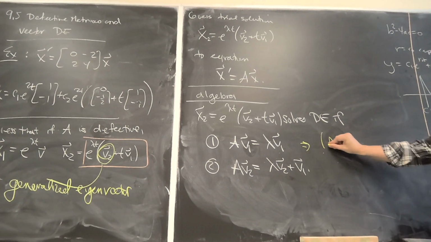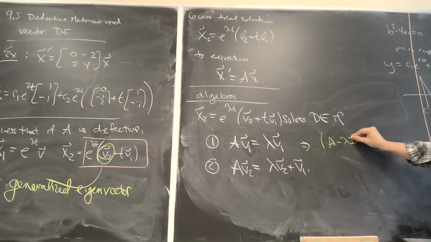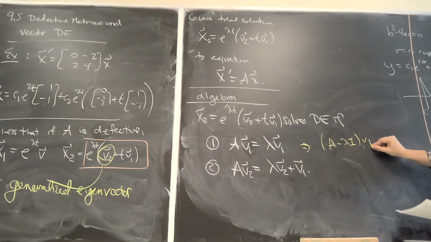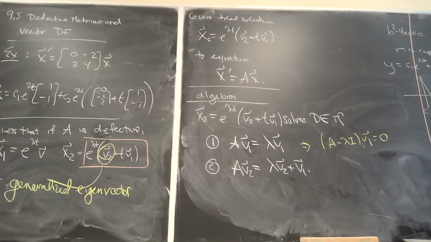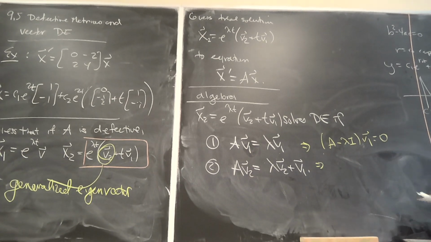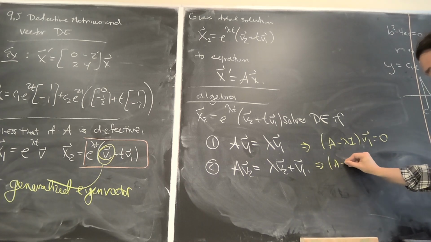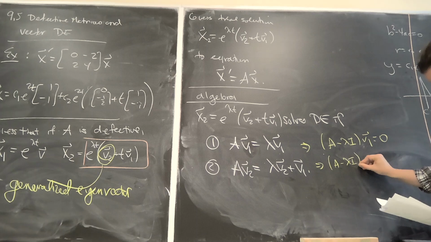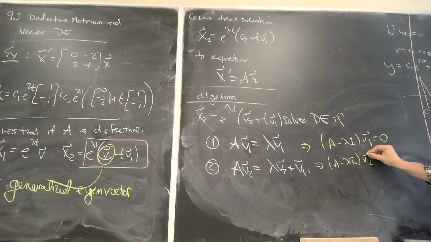So I'm going to rewrite this equation as (A minus lambda I) v1 is equal to 0. And this second equation can be rewritten as (A minus lambda I) v2 is equal to v1. So you just do some algebra and you get this set of equations.